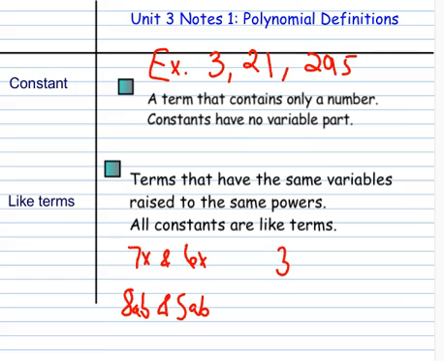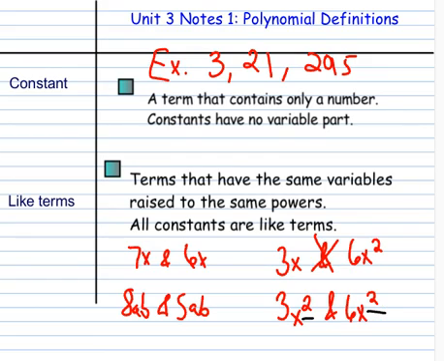Okay. 3x and 6x squared, these are not like terms. They do not go together. You cannot combine them. However, something like 3x squared and 6x squared, those are like terms. So they have to be to the same degree. Okay, so these would be an example where these are the same degree. That's why they work, where this one doesn't. These are both to the degree of 1, so even though it's two variables, they're still like terms.